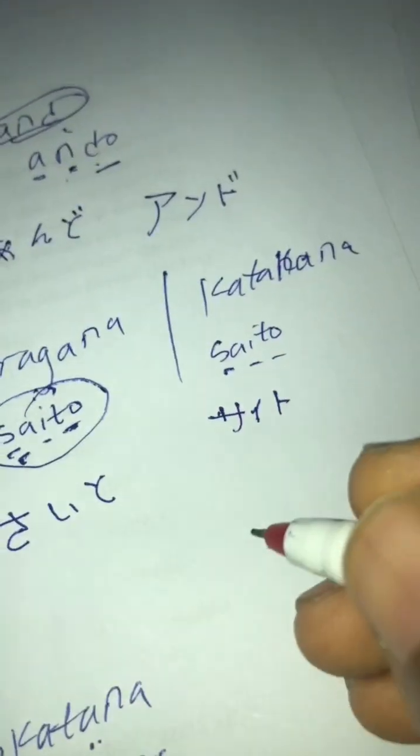Okay, let's take another example for this "to." Let's use "test." Still the same thing. You are going to pronounce it as "te su to." So how are you going to spell this in hiragana?